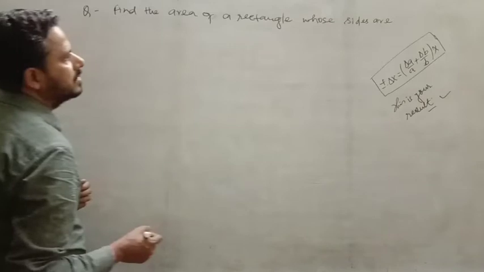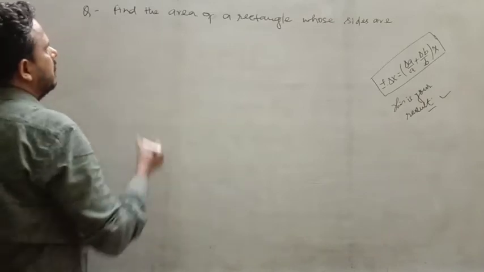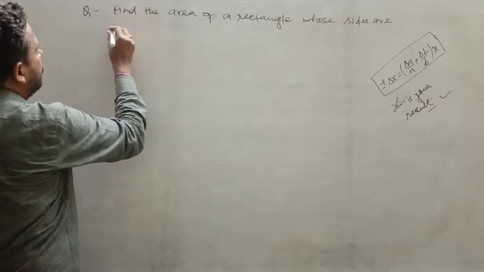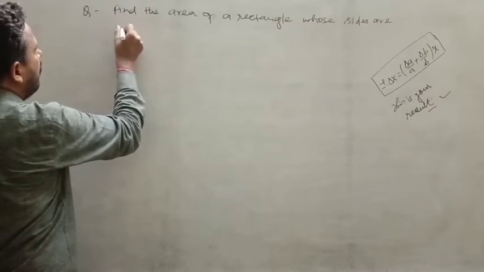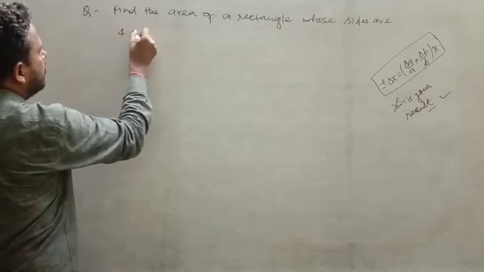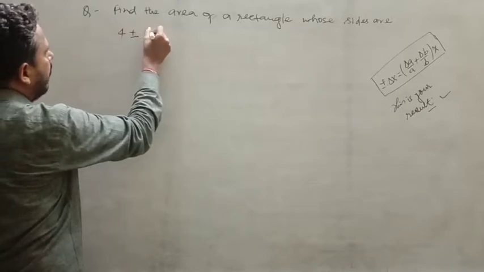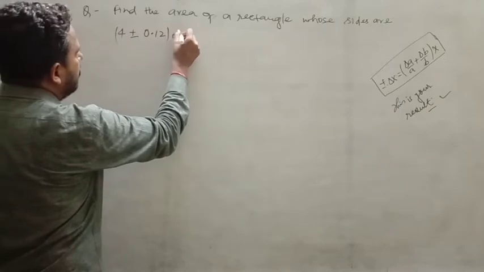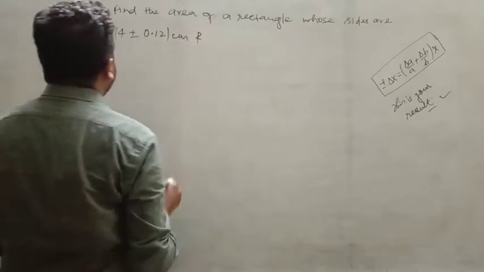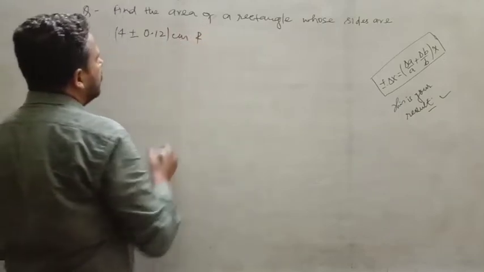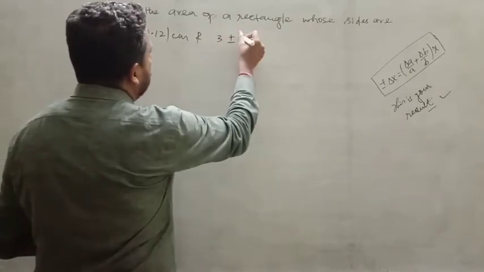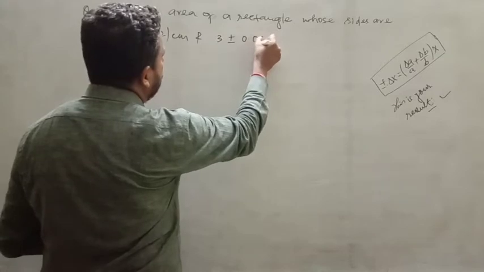So sides, you just suppose sides are 4 plus minus 0.12 centimeter, and the second one is 3 plus minus 0.06 centimeter.